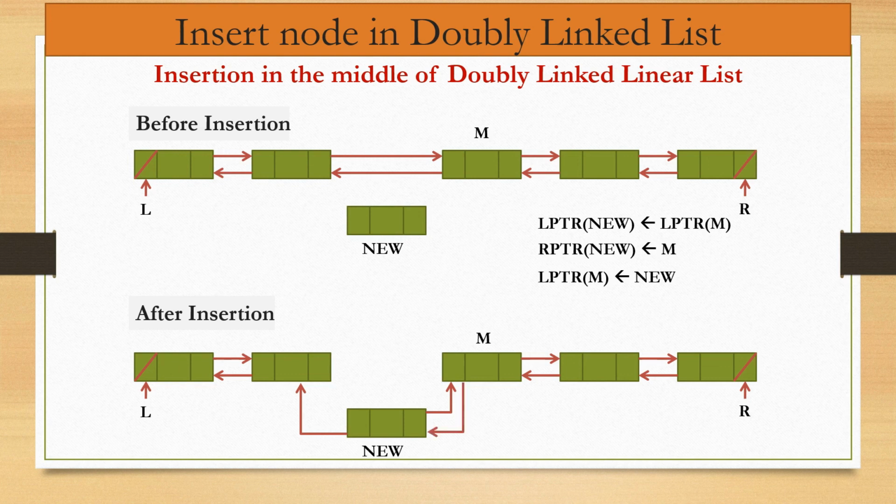So new is assigned to the left pointer of M. New is assigned to the right pointer of the left pointer of new. So this is the right pointer of the left pointer of new and this is assigned to new. So this way we can insert a new node in the middle of doubly linked list.